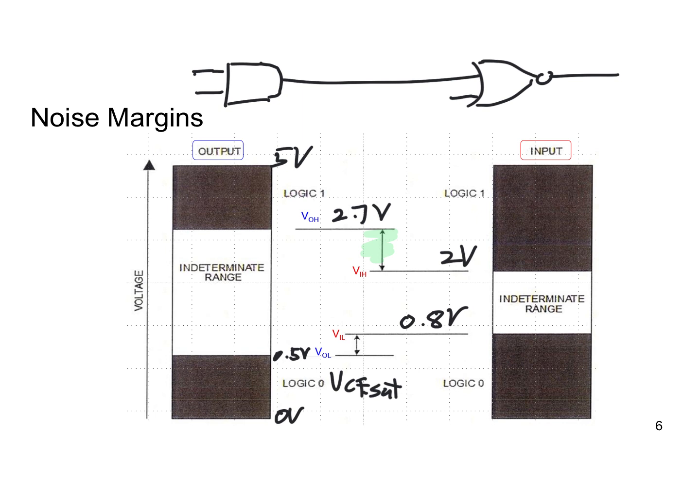And all manufacturers of the LS series or the HC, whatever it is, have to adhere to the same specs. It's standardized across the whole family, regardless of who makes it. It's not tied to the manufacturer. But the input gate says I'll actually take a logic low up to 0.8 volts. So this little difference here is just the wiggle room, the safety factor, whatever you want to call it.